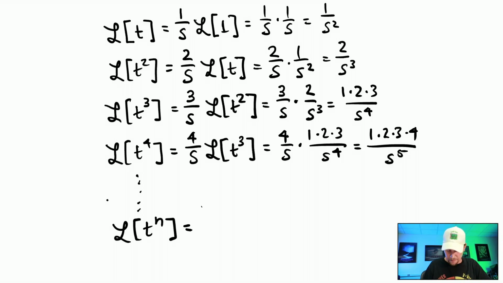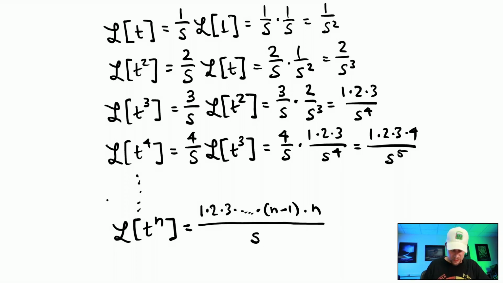So it's 1 times 2 times 3 all the way up to n minus 1 times n. And what power is s raised to? Well, the s is raised to the n plus 1 power. This top part, right here, goes by a different name. This is what they call n factorial, and this is s to the n plus 1.